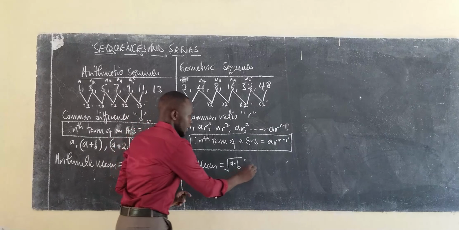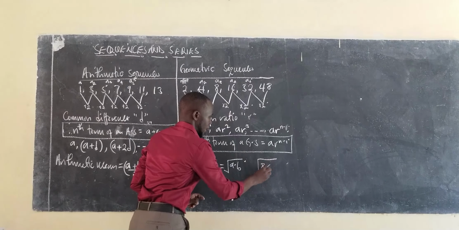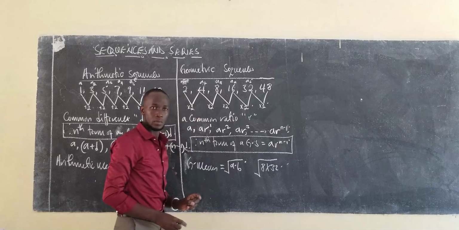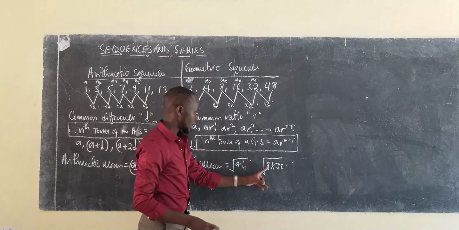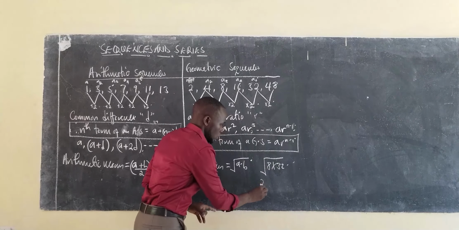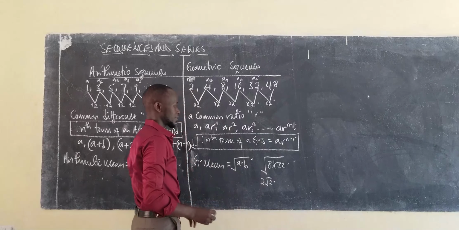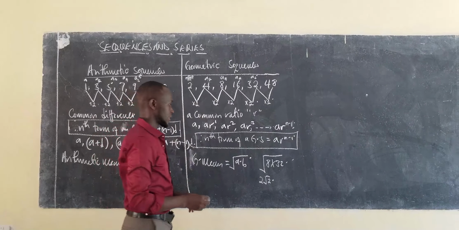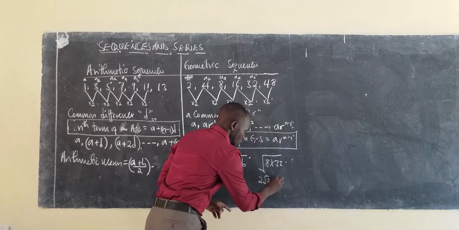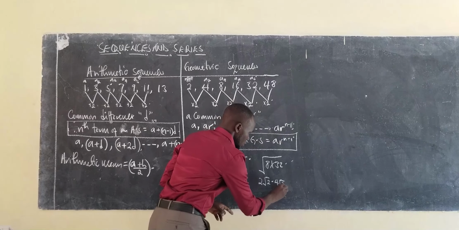You will just say the square root of 8 times 32. 8 is 2 root 2 times 2 root 2, and 32 practically is 4 root 2 times 4 root 2.